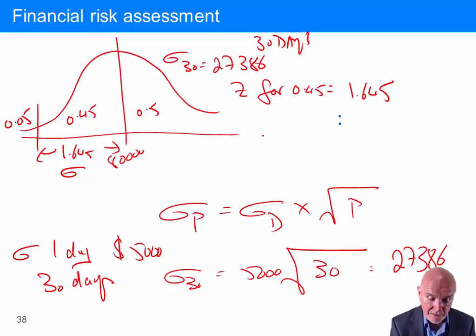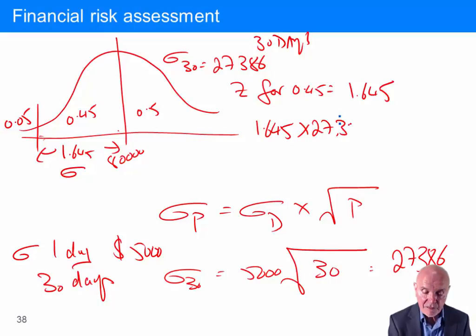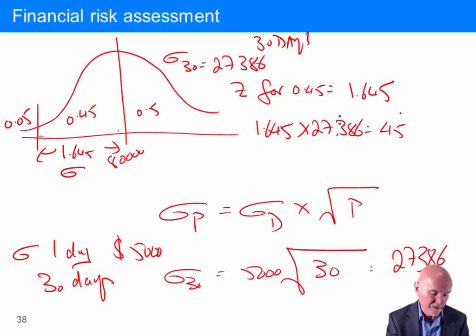So what we're looking at here is 1.645, this distance in absolute terms, not just in terms of standard deviations, 1.645 times 27,386. So 27,386 times 1.645, it's about 45,050.